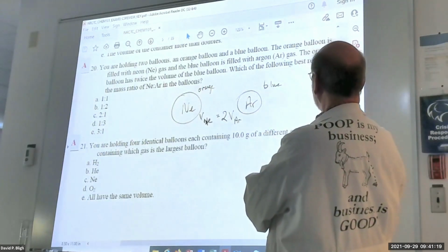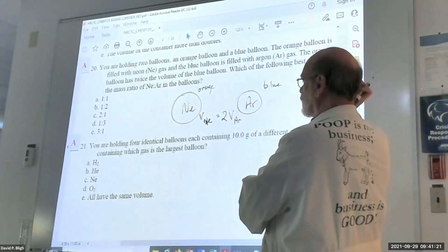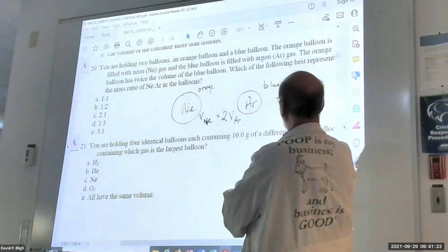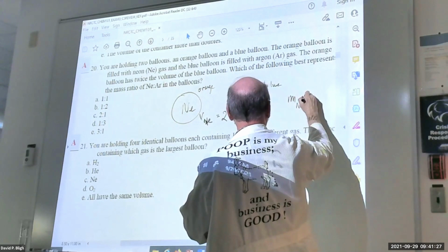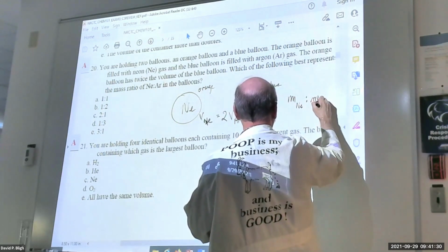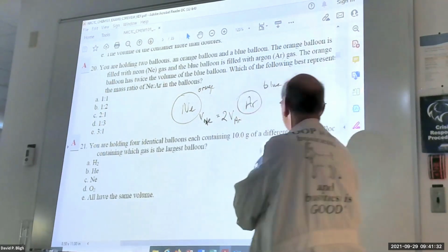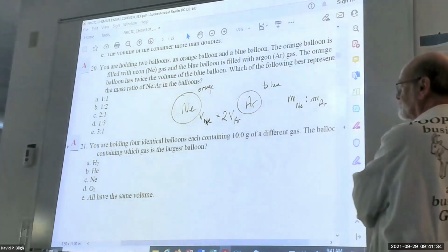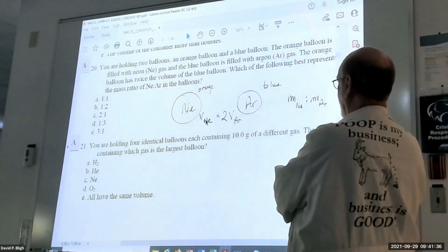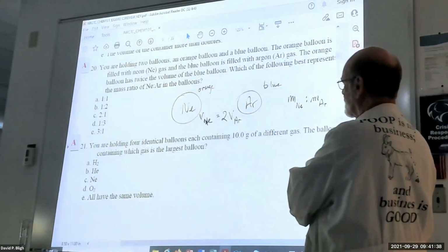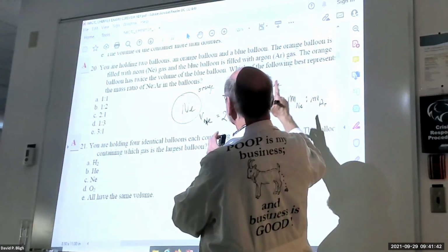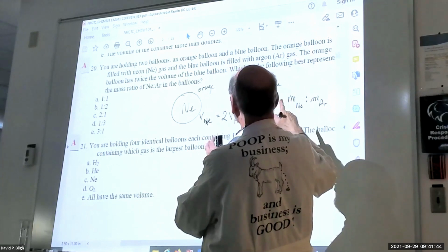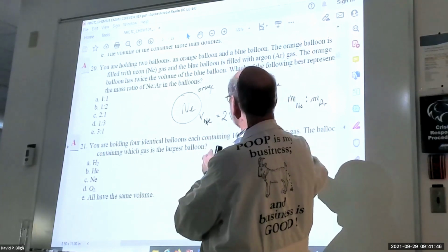Which of the following best represents the mass ratio of neon to argon? So we want the mass of neon in ratio to the mass of argon. What can we glean from this? It just tells us about volume and the gases that are there.